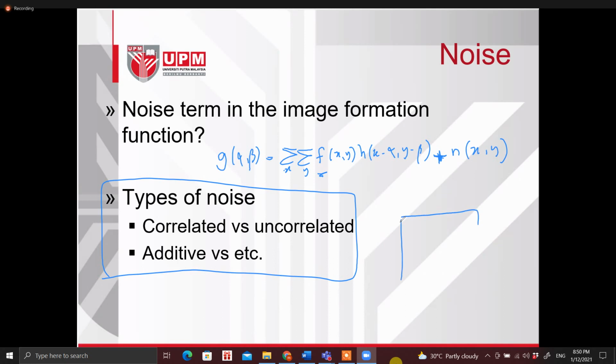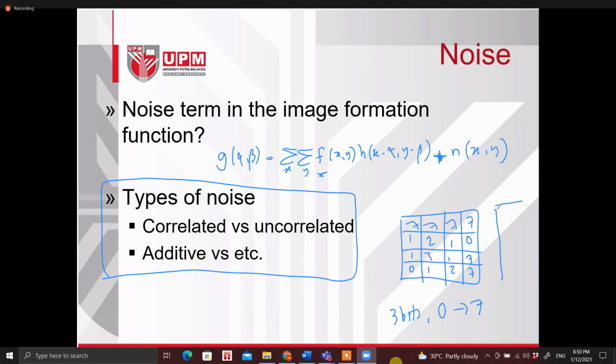I have taught you that we could have pixels, and say this is a 3-bit image. 3 bits means that you have values from 0 until 7.